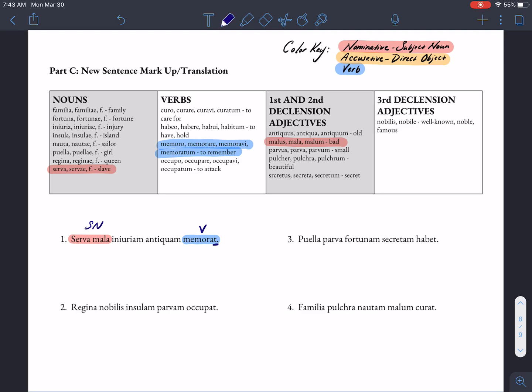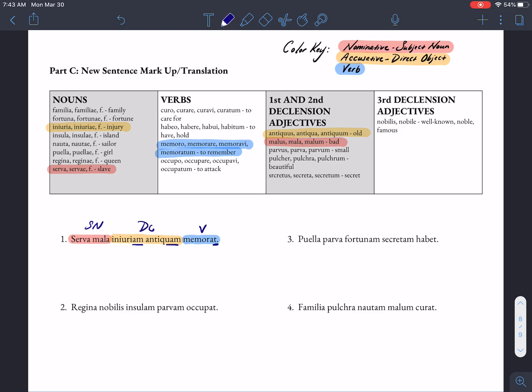Now, injuriam and antiquam, again, they're accusative. This you would know by looking at your noun chart and looking at what AM is. That comes from your noun injuria, injuriae, and your first and second declension adjective, antiquus, a, um, for old.